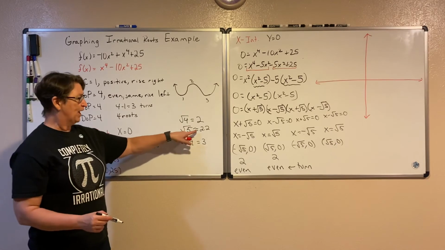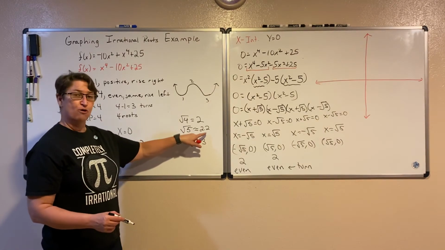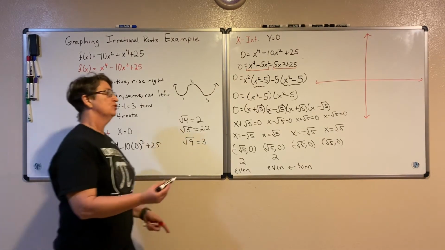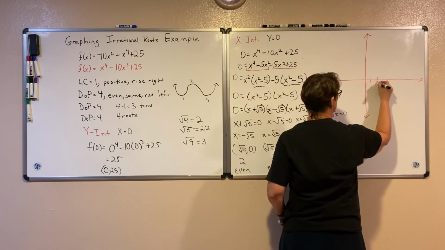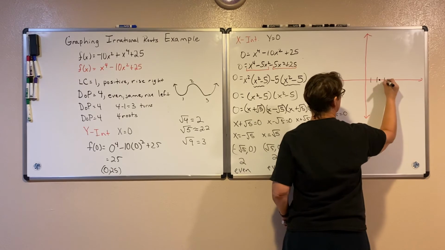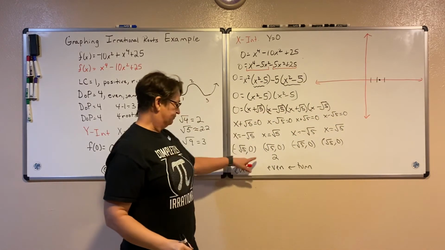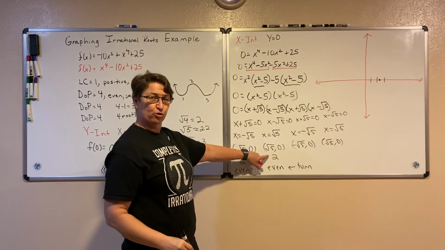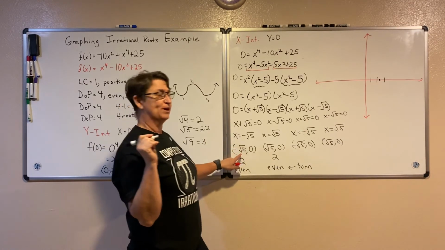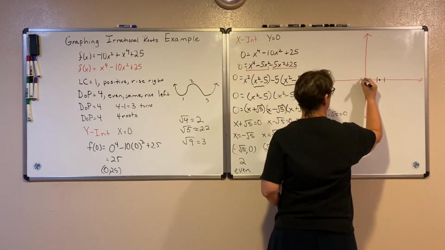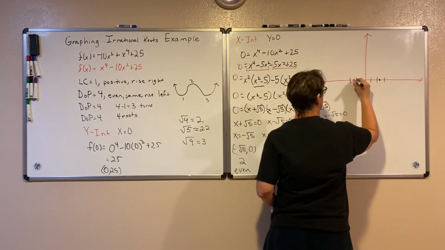So when I graph it, I'm going to go over 2 and a little bit. So when I graph these, I go over 1, 2, and a little bit for this square root of 5, 0. And I go backwards 2 and a little bit for a negative square root of 5. So 1, 2, and a little bit.